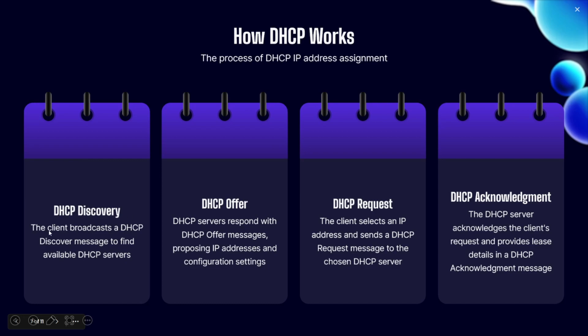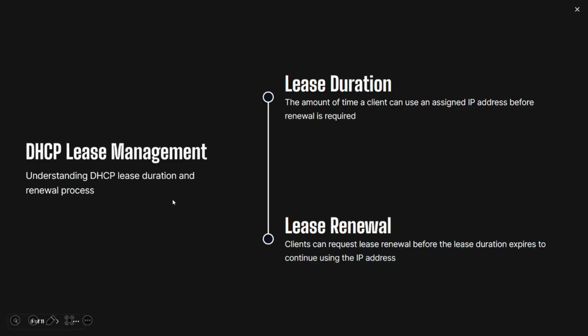DHCP discovery: the client broadcasts a DHCP discover message to find available DHCP servers. DHCP offer: the DHCP server responds with a DHCP offer message proposing an IP address with configuration settings. Then the DHCP request: the client selects the IP address and sends a DHCP request message to the chosen DHCP server. And DHCP acknowledgement: the DHCP server acknowledges the client request and provides lease details in a DHCP acknowledgement message.